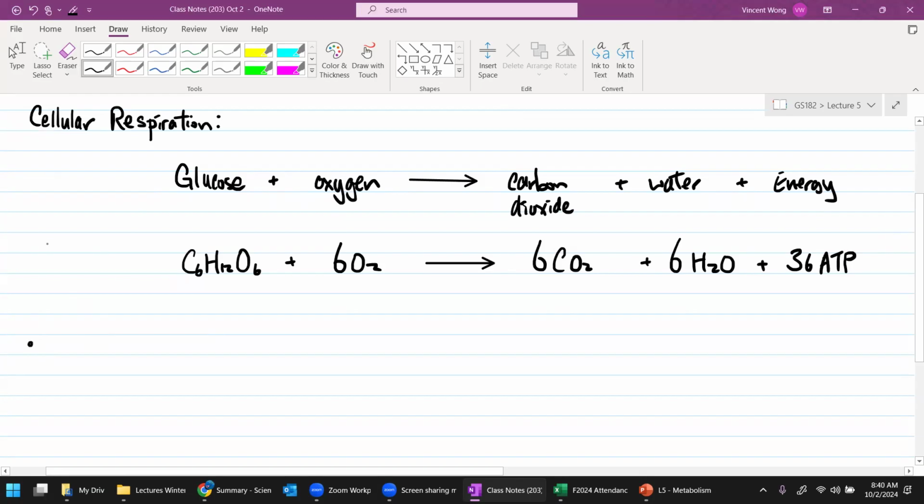Okay, so a couple of notes here for cellular respiration.